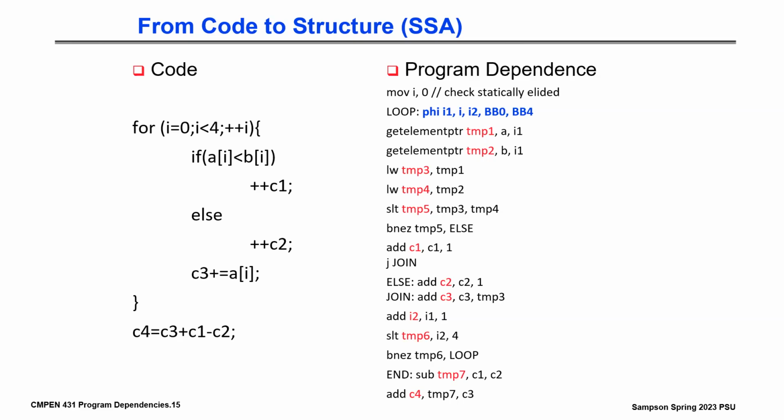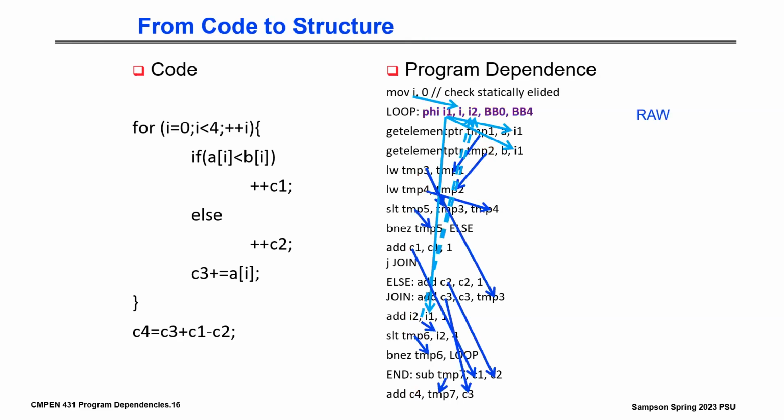But in any straight line piece of code, I never redefine a variable. I'm going to have a different set of write after read and write after write relationships. But if I have renamed it correctly, other than a little bit of adjustment here through this phi instruction we added, all of our read after write dependencies are preserved.